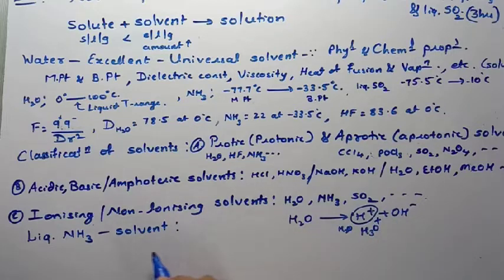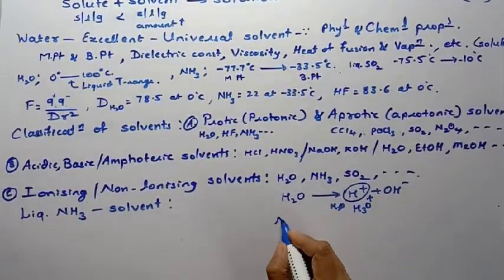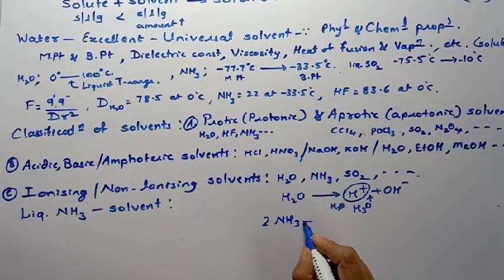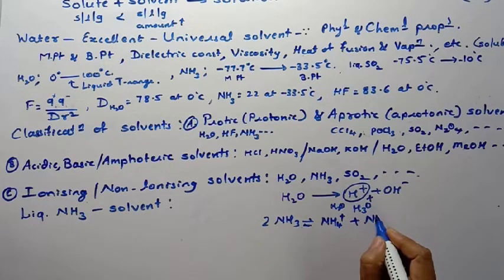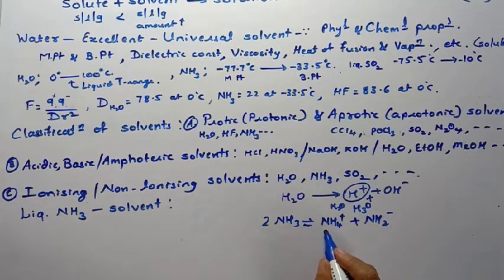Ionizing solvents are those which undergo ionization. Even in ammonia there is a liberation of H+ ion, therefore 2 moles of NH3 give NH4+ plus NH2-. This is the ammonium ion, this is the amide ion.